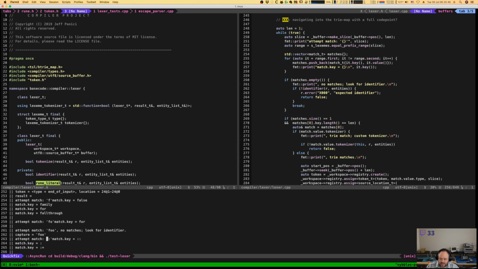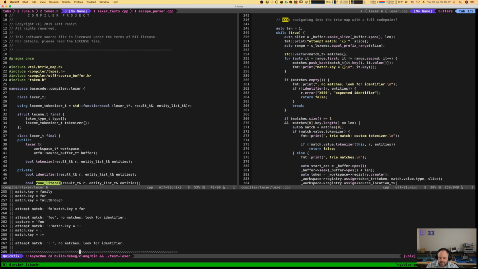Then we try to match colon. What that comes back with is the bind operator, the type operator, and the assignment operator, which is what I was assuming was happening. As you can see, this is exactly what it's doing. It's looking ahead and it's seeing a space, so it's trying to match colon space.